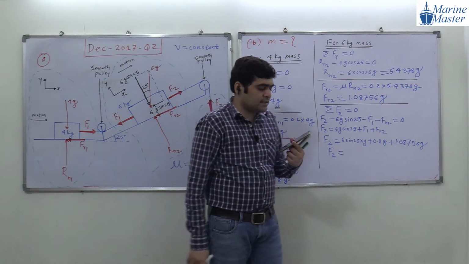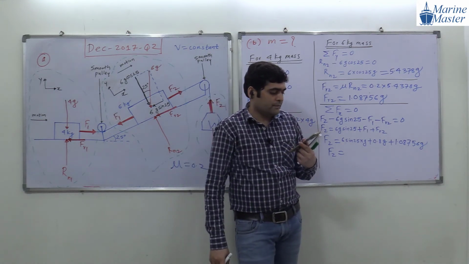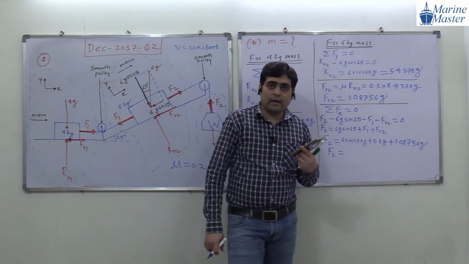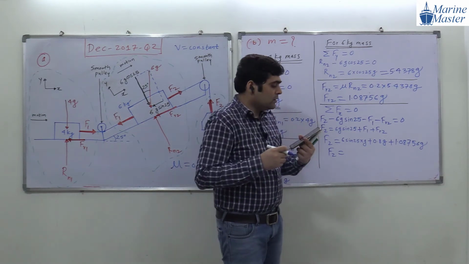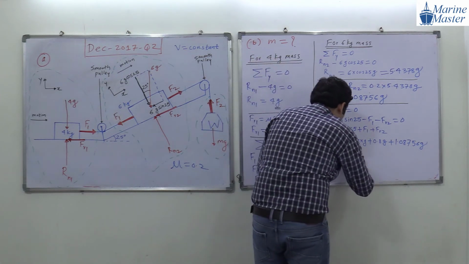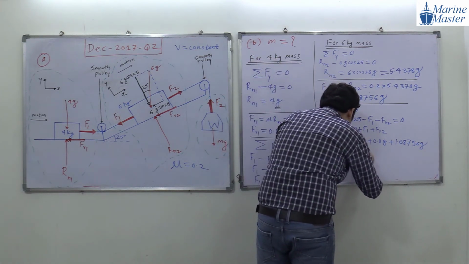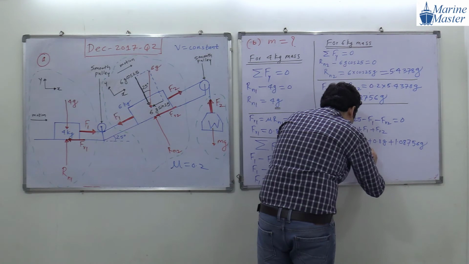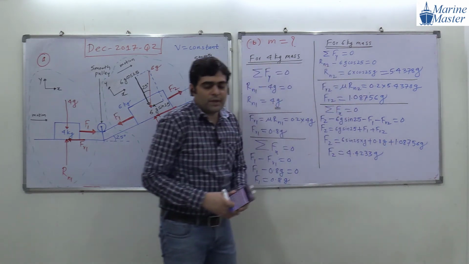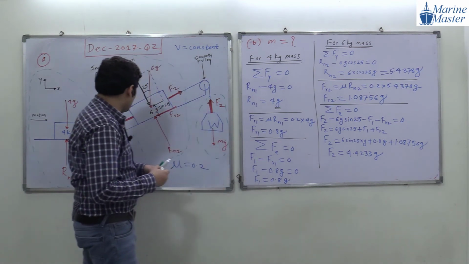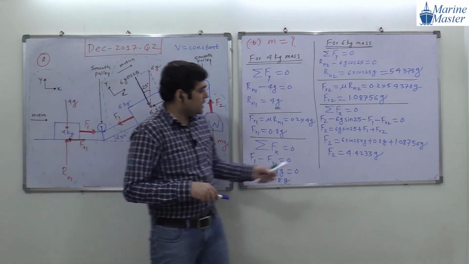How much are we getting, guys? Yes, correct, very good. 4.4233 into G. So we got F2 in terms of G.